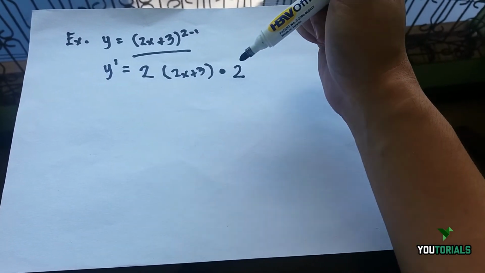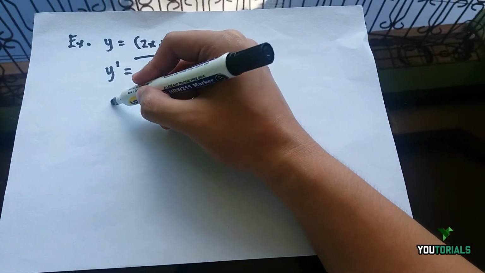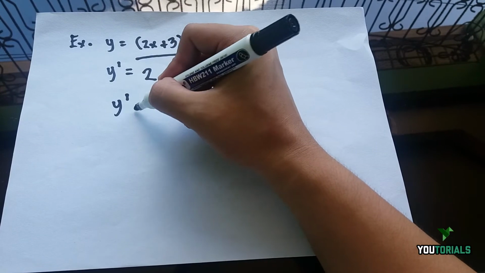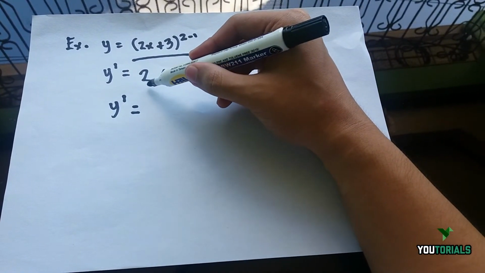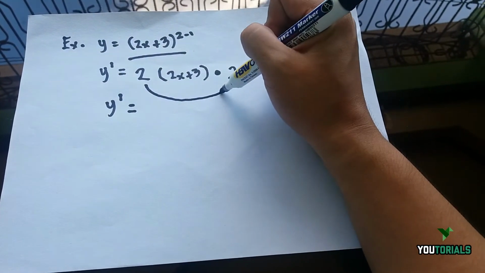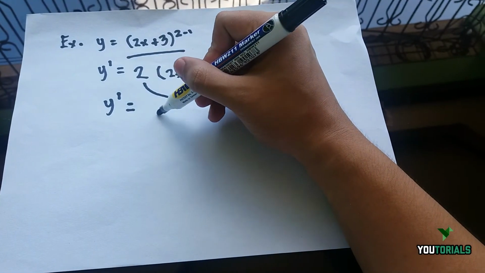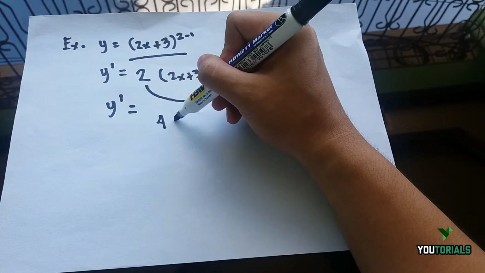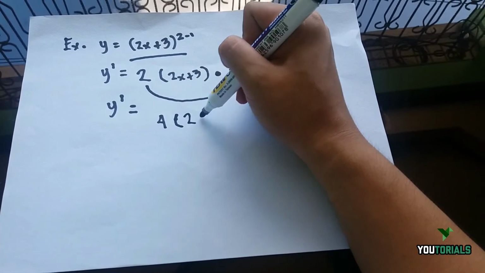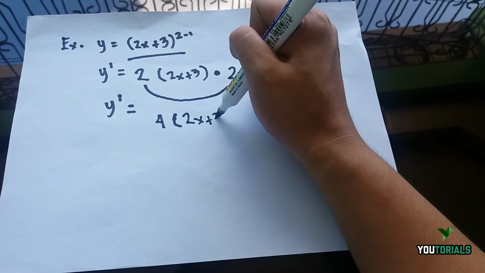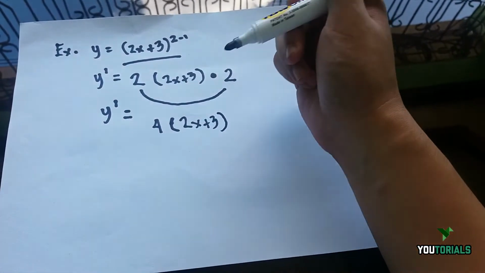But this is not our final answer. What would be our final answer is that you should simply multiply these two. It will become 4 times (2x plus 3). Simply just like that.